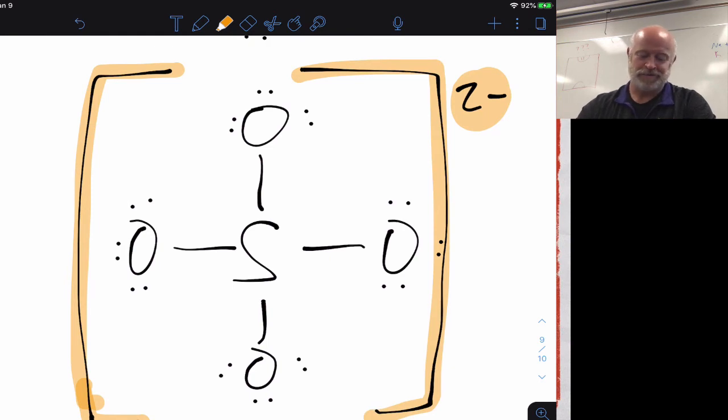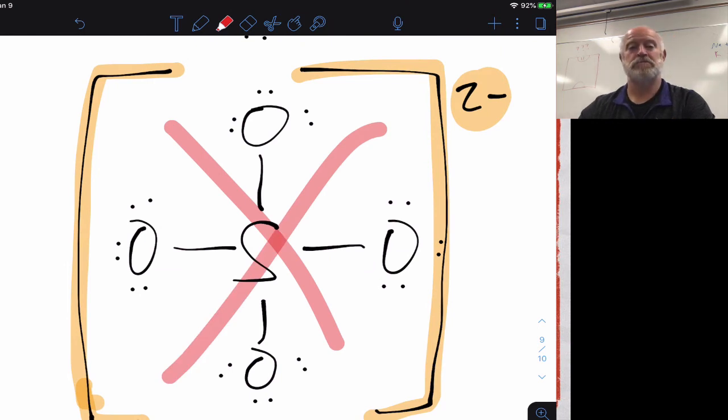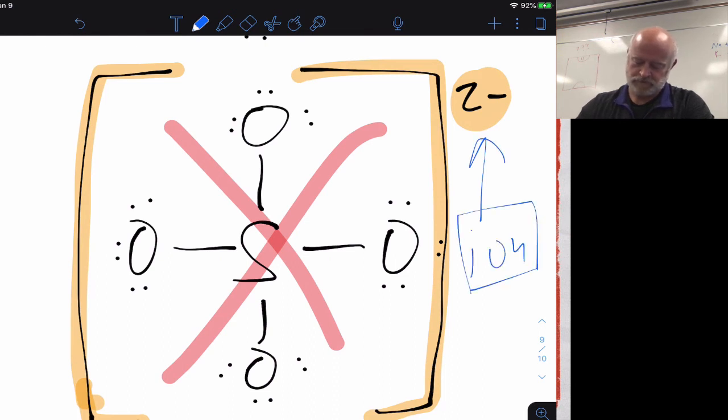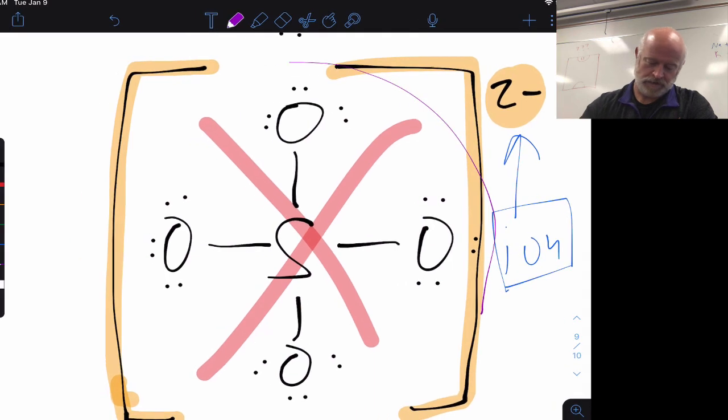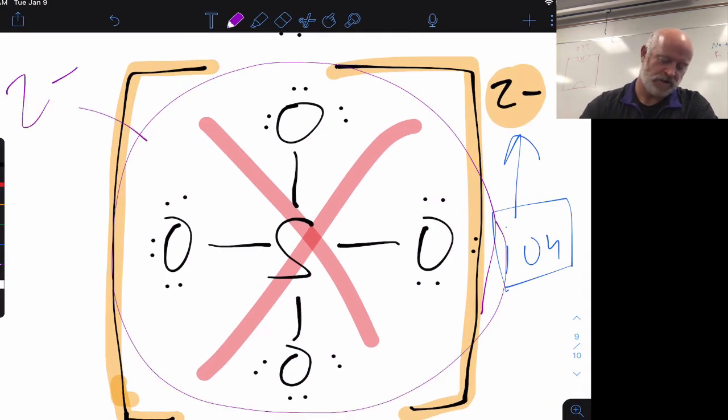To be honest with you, what's going on on the inside, we couldn't care less about, because we see this right here, which means it is an ion. If this is an ion, polarity is off the table. We don't even talk about polarity anymore because it's charged, right? This entire molecule itself as an entity has a -2 charge.